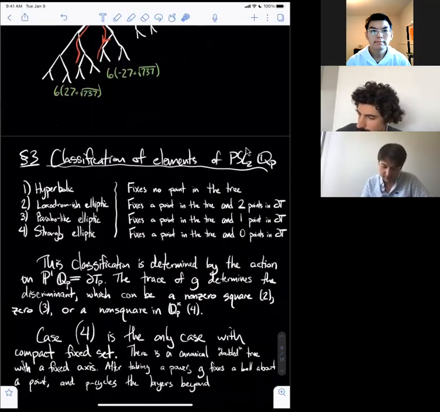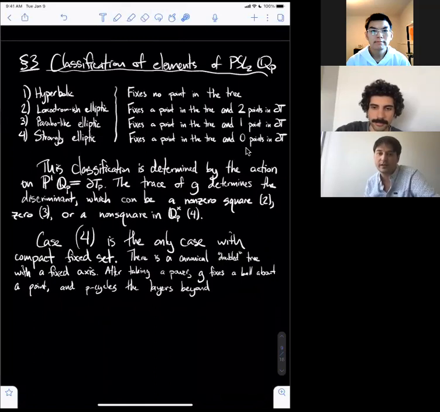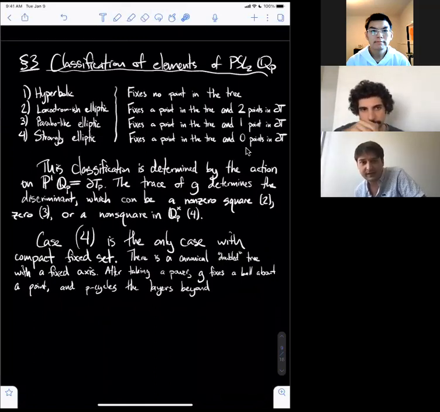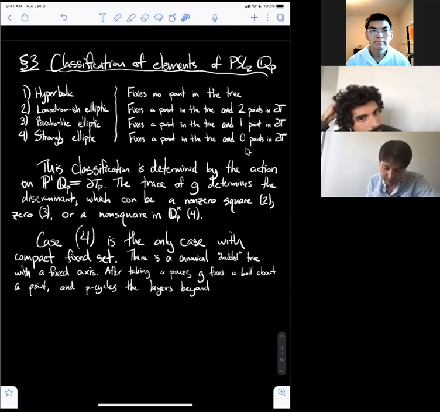All right, so this leads us to a classification of these elements. For any tree isometry, you're either going to be hyperbolic and have an axis, or you're going to be elliptic. But as we've seen, there's a further refinement of these elliptic elements, and I came up with some silly names for them.